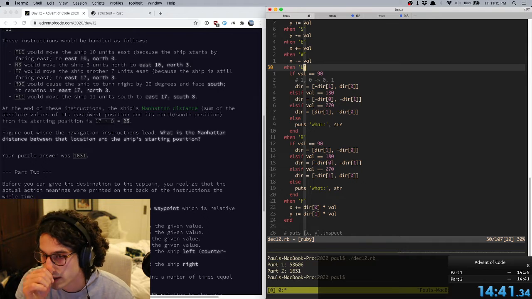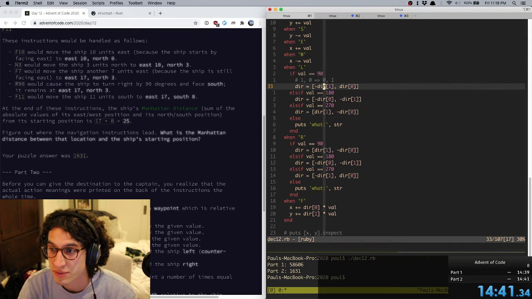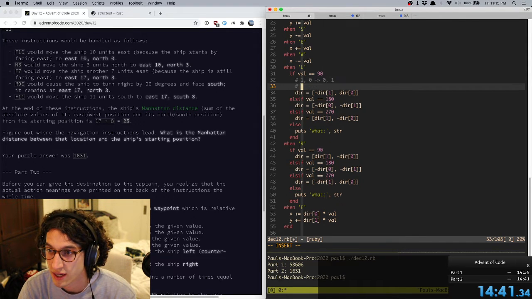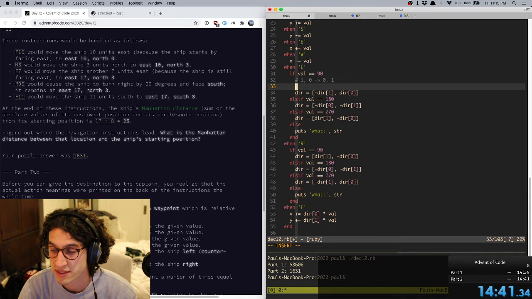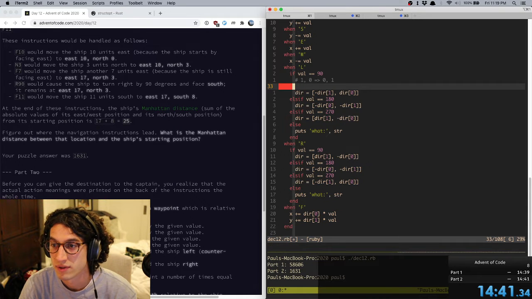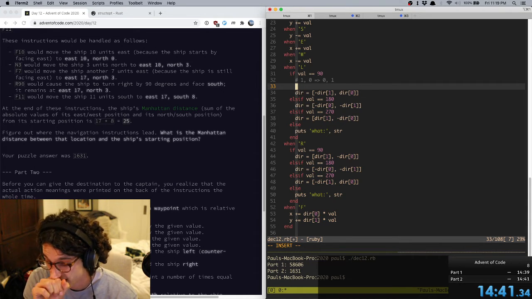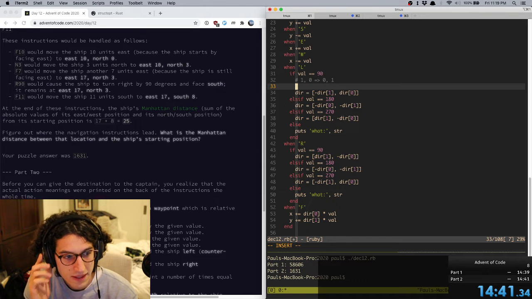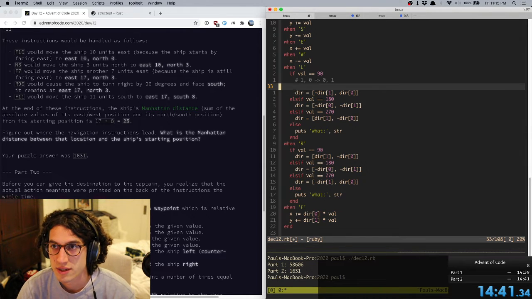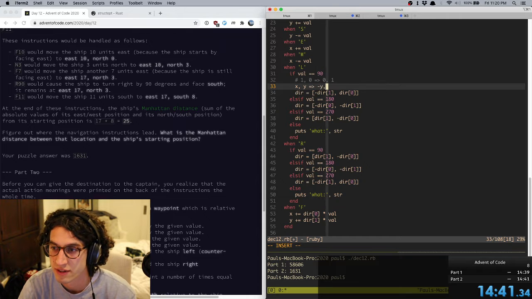So if left is 90 degrees, we have our rotation matrix. Rotation 90 degrees counterclockwise is (x, y) goes to (negative y, x).